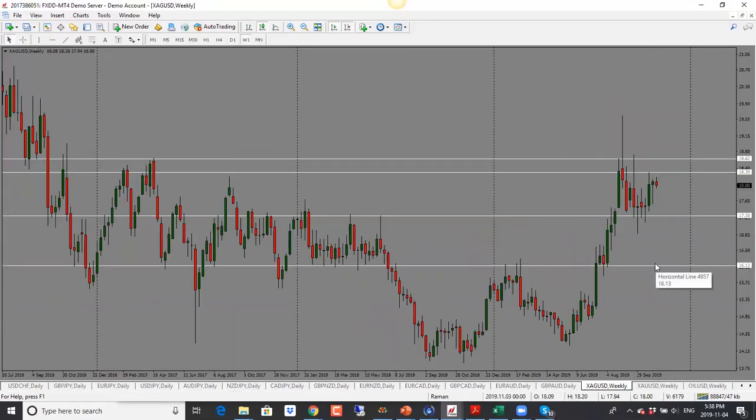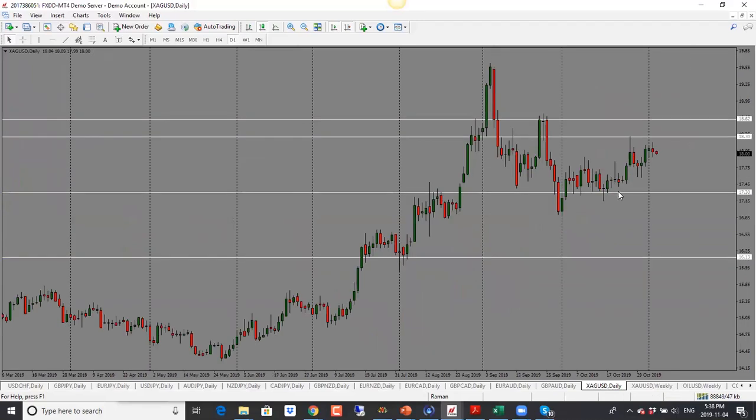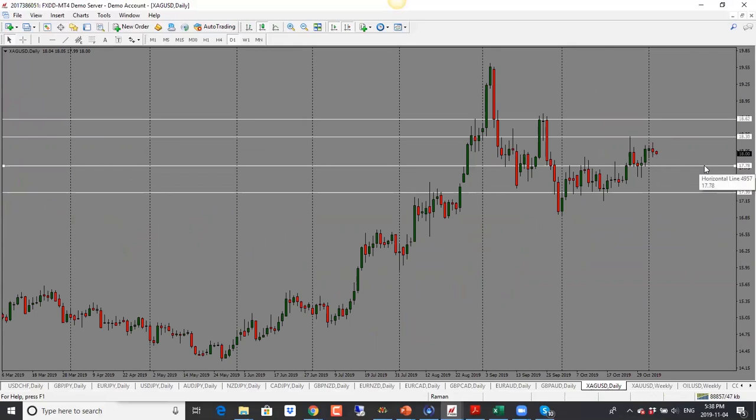Let's take a look at our commodities here, starting off with silver. We have a bearish candle close here, so we could see a further drop. Any comments that are positive for the equity markets in regards to US and China trade relationships will be negative for our safe haven assets, silver and gold being those.